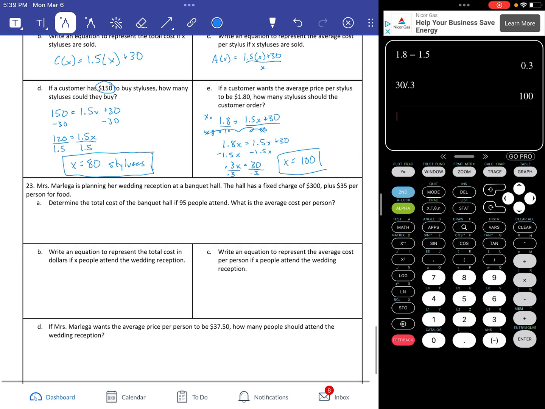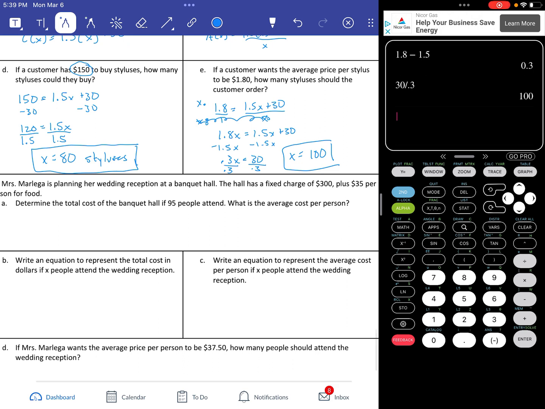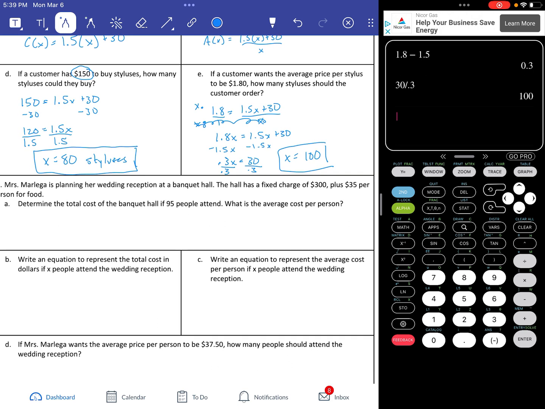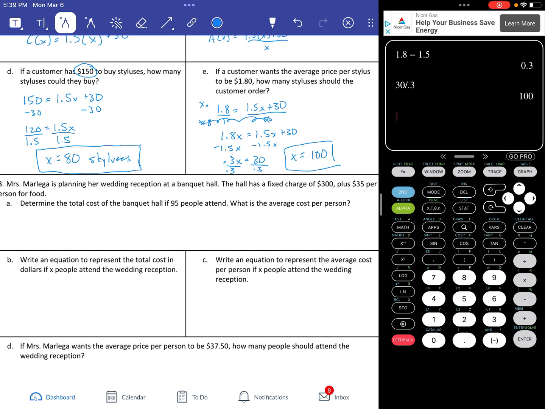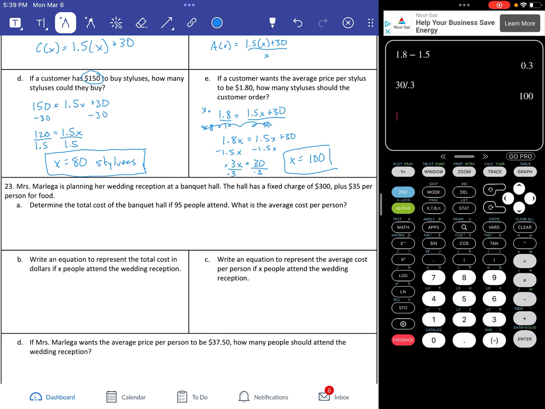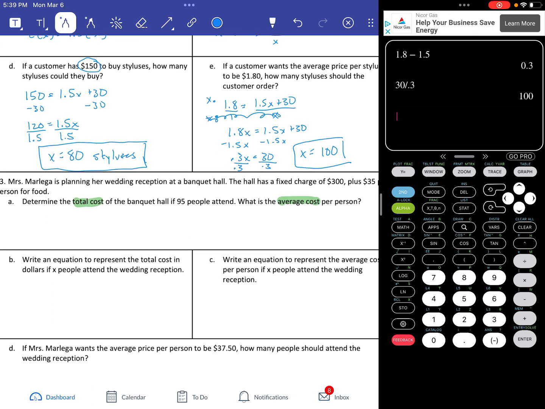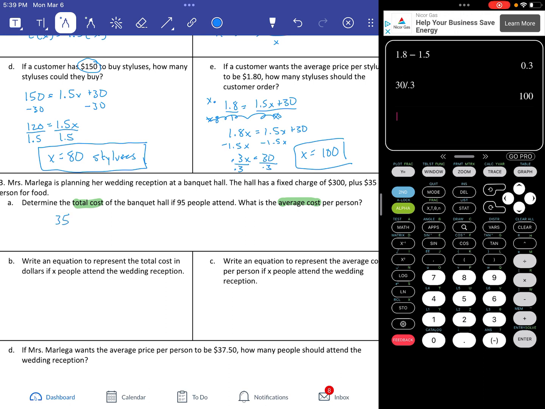Last question. Miss Marlega is planning her wedding reception at a banquet hall. The hall has a fixed charge of $300 plus $35 per person for food. Determine the total cost of the banquet and the average cost per person. So again, we're looking for two things, the total and the average cost. So it's $35 for 95 people plus the $300 fixed charge.